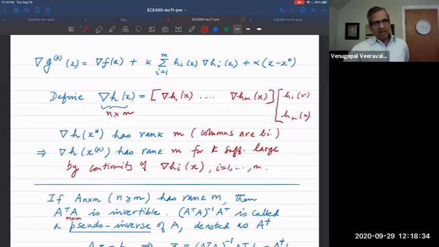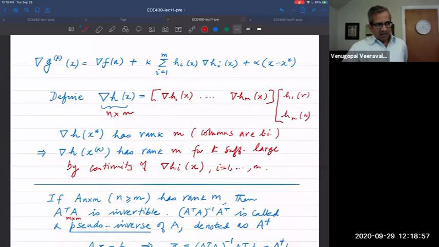By continuity, you can't change the gradients of the hi's by an arbitrarily large amount by just perturbing xk from x star a little bit.